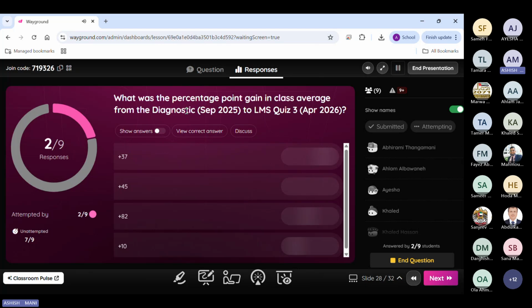In the last slide, I showed you from diagnostic to LMS there was an increase in the percentage of the level of students.